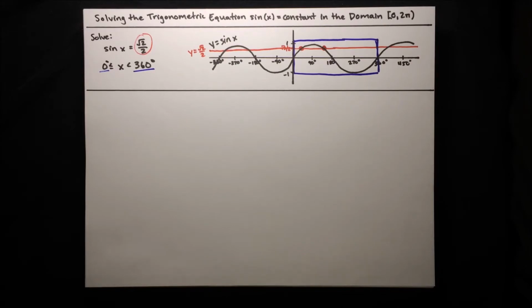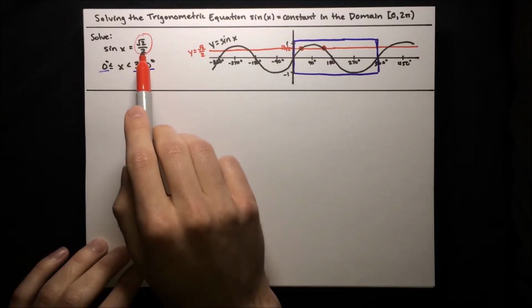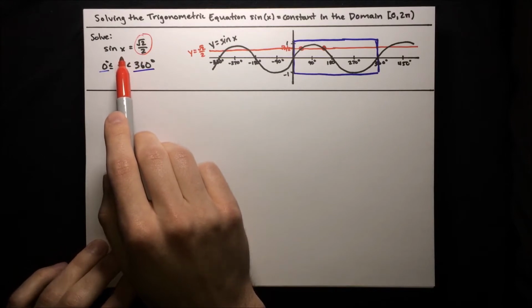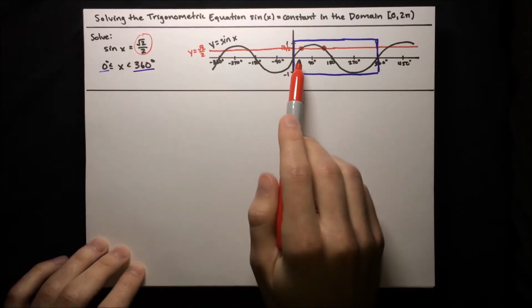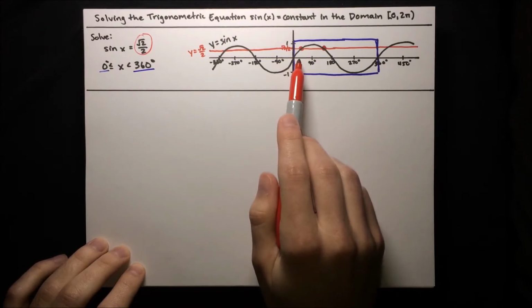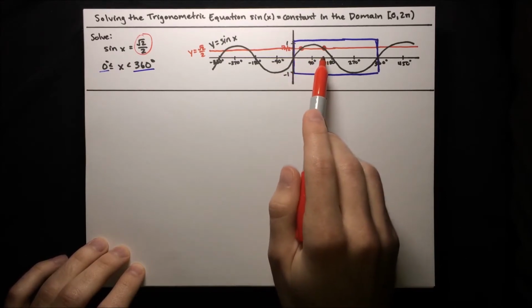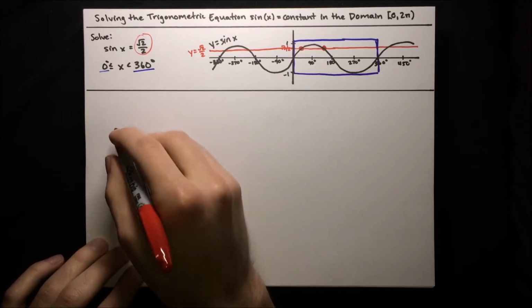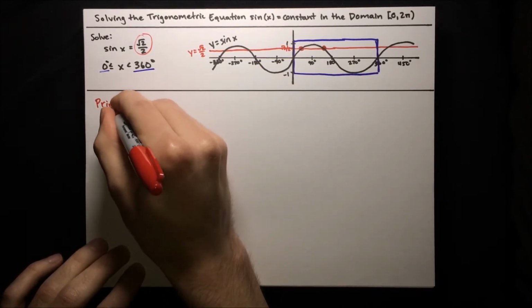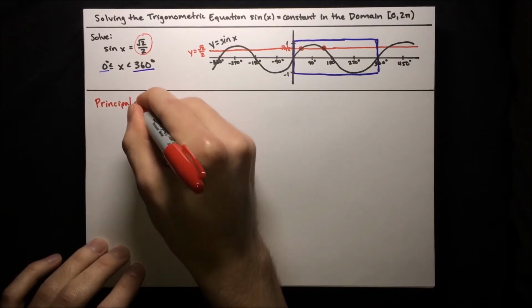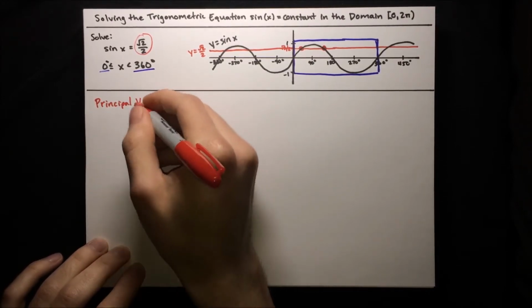Well, remember that if you have sine of an angle equal to something and you want to figure out what that angle is, then you can just use arcsine. So that's going to give us one of these solutions here. And then we can use that solution to find the second solution. So let's go ahead and do this. So using arcsine, this gives us what's called our principal value.